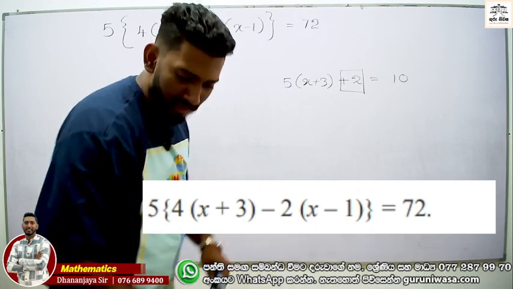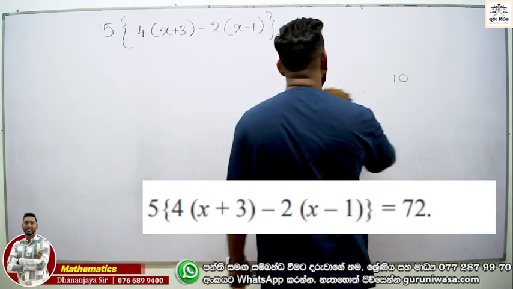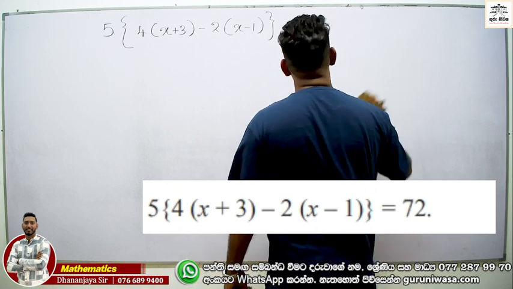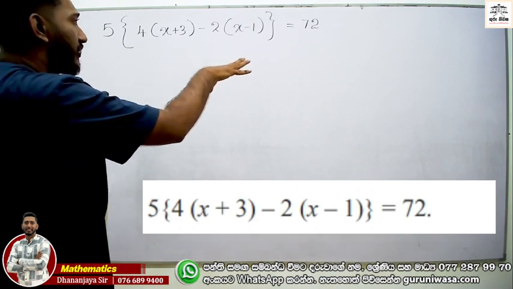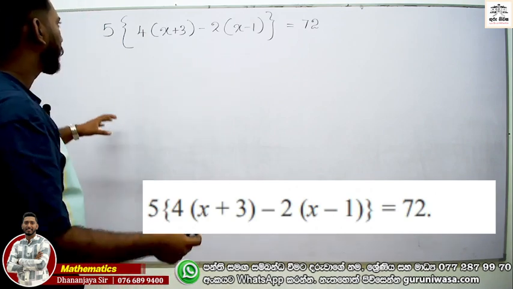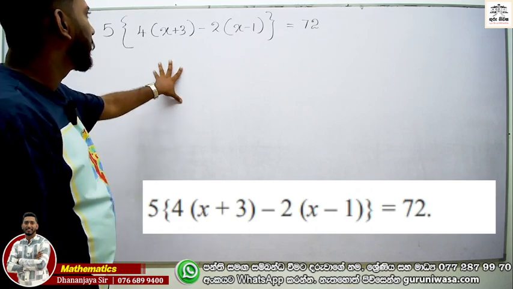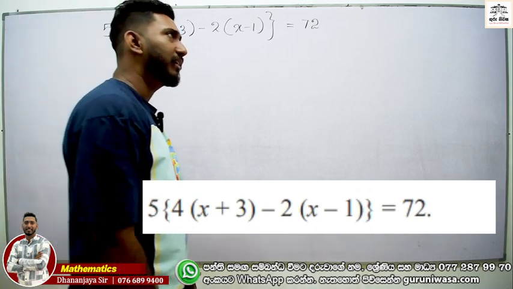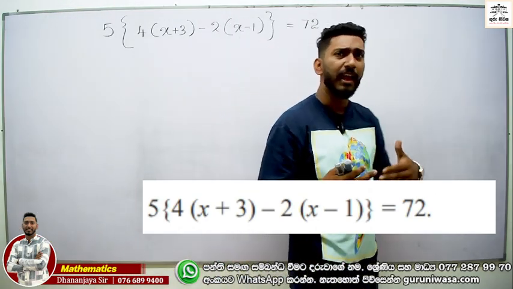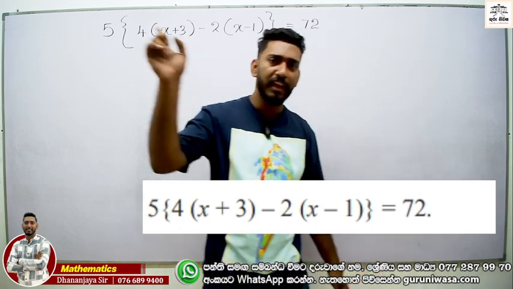Now listen. Firstly we need to identify the behaviors of the equations. In the first step you can simplify the left hand side first. We are going to simplify from the inside to the outside.